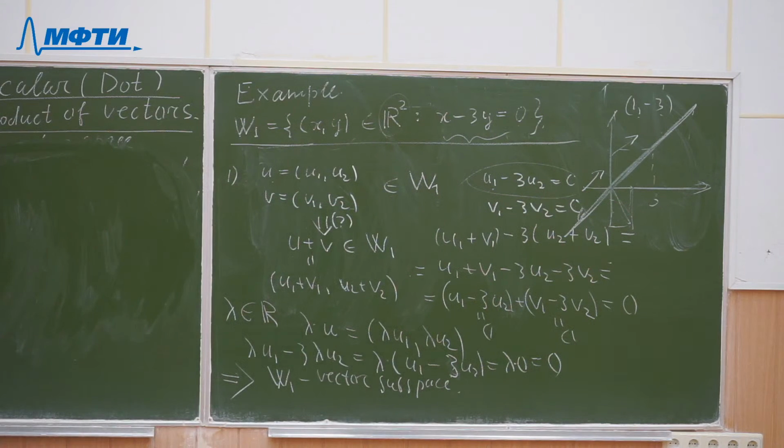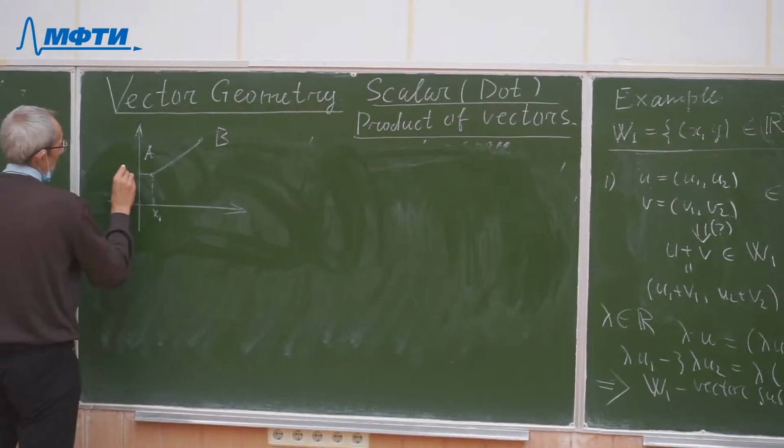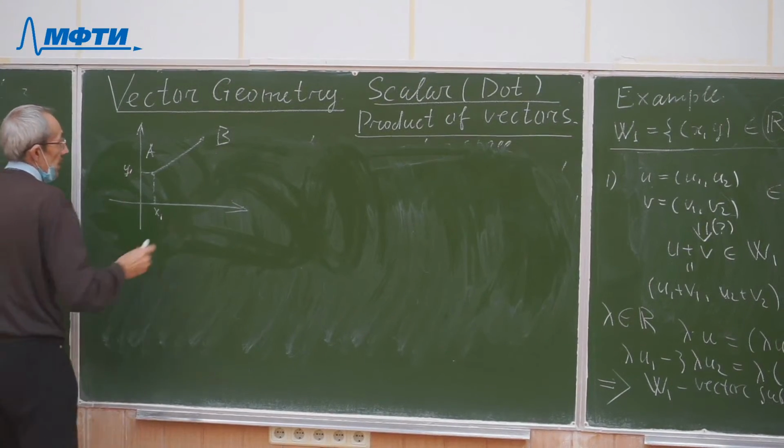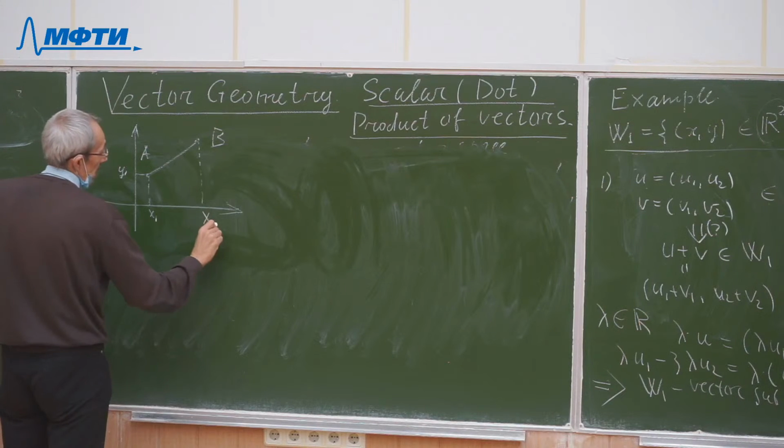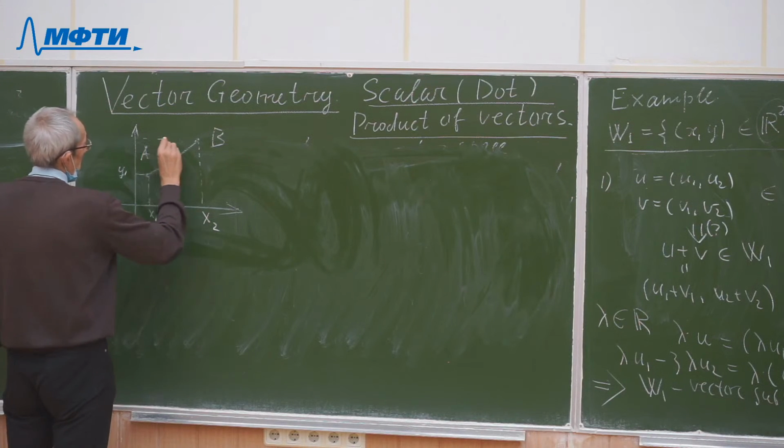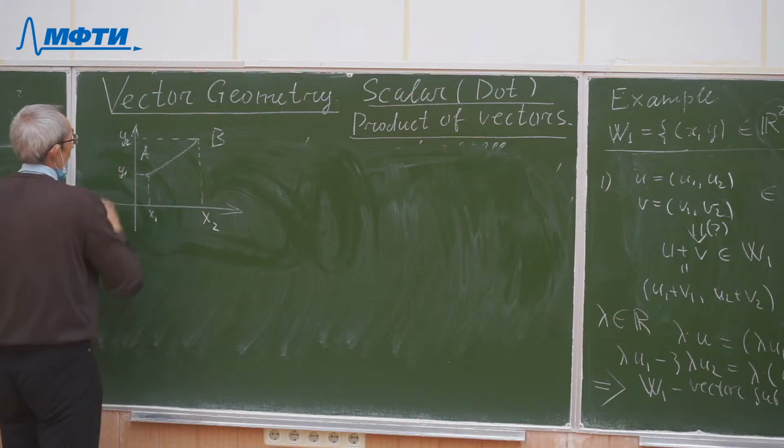Let A have coordinates x1 and y1, and B have coordinates x2 and y2.